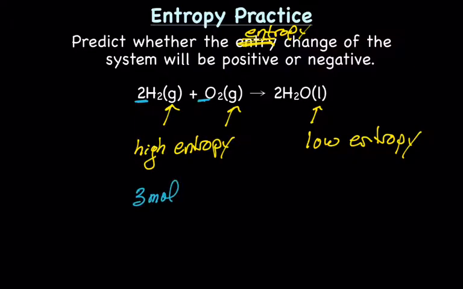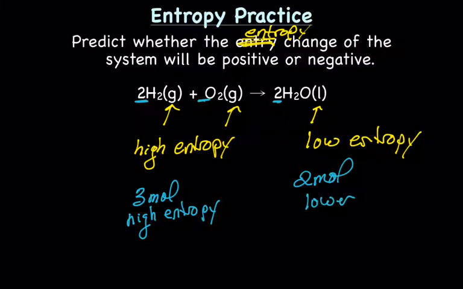And on the product side, we have 2 moles. And if you remember, more particles means more entropy. So high entropy for this too, and over here, that would be a lower entropy.